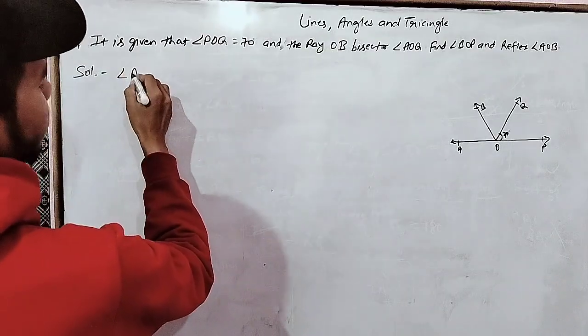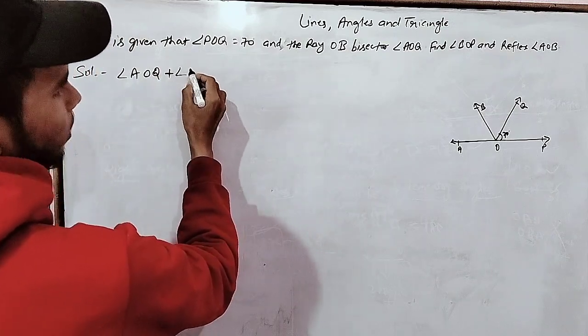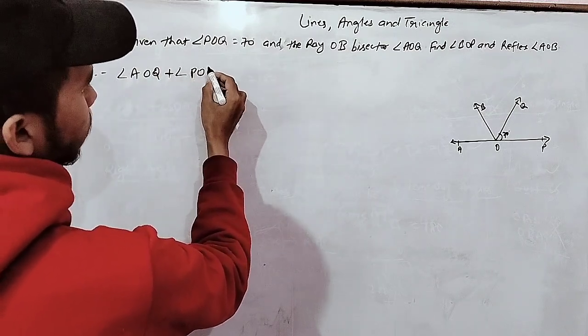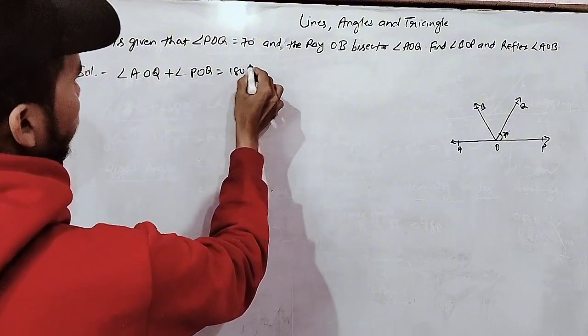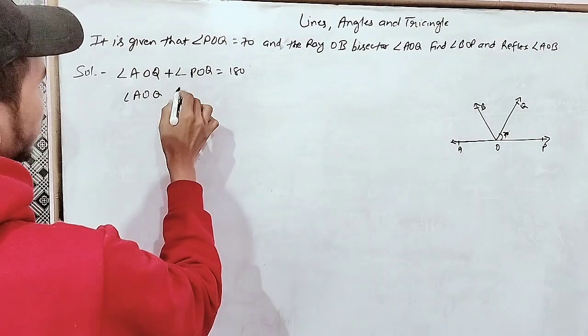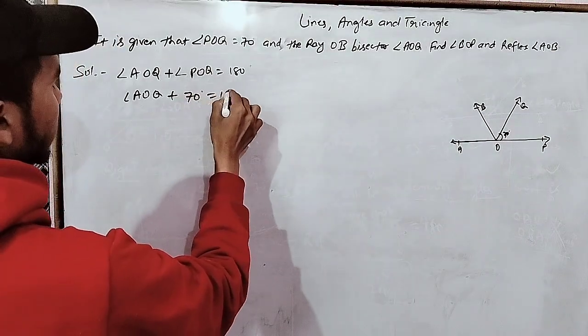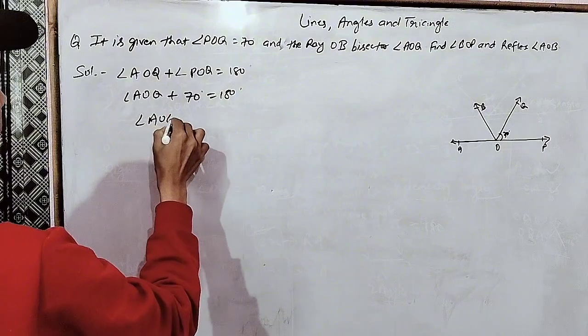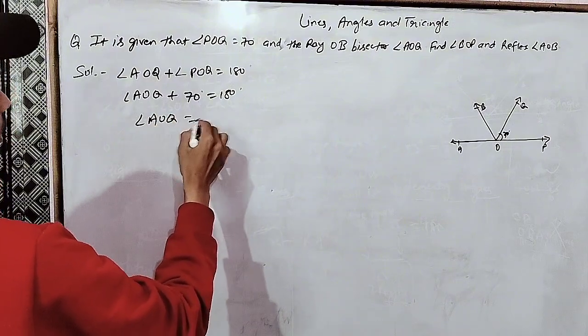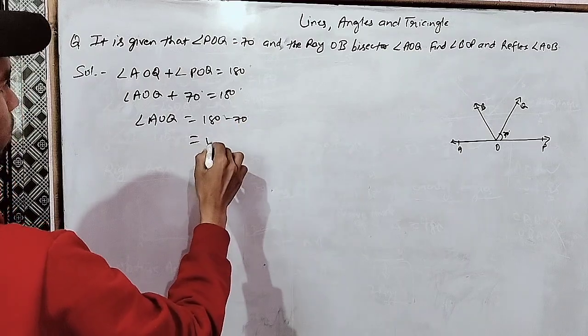Here angle AOQ and angle POQ sum to 180 degree. Now the value of angle AOQ is 110 degree.